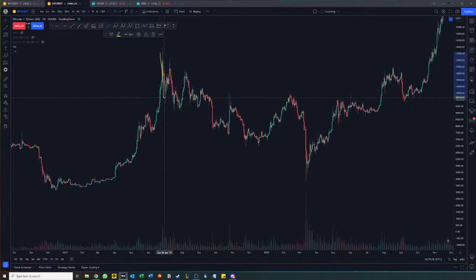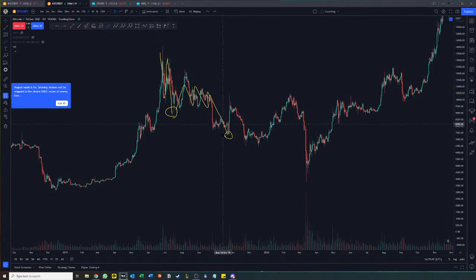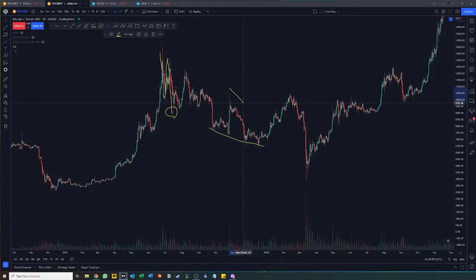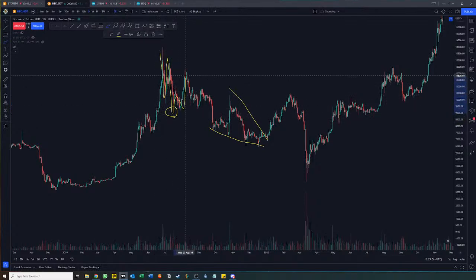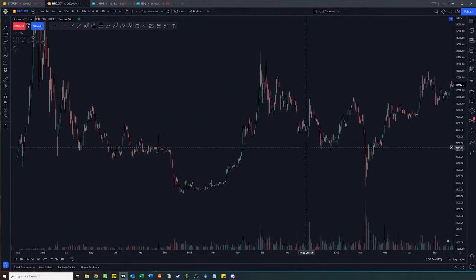So this is actually two times, and then the third with a diagonal. So we have to watch out for diagonals.